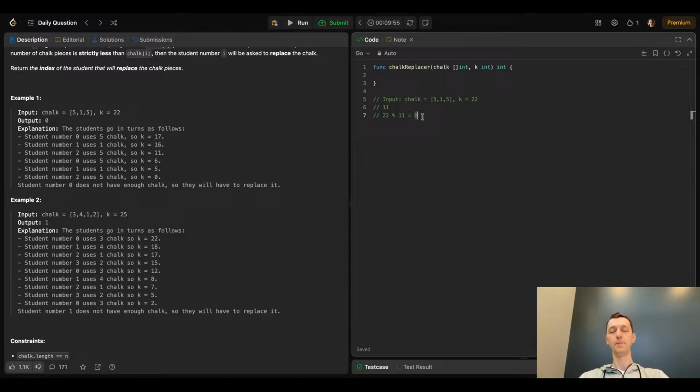We know that they will do 2 full rounds, after which there will be 0 chalk, and we'll start from student 0, the first student. Now in the second case, it's 25.